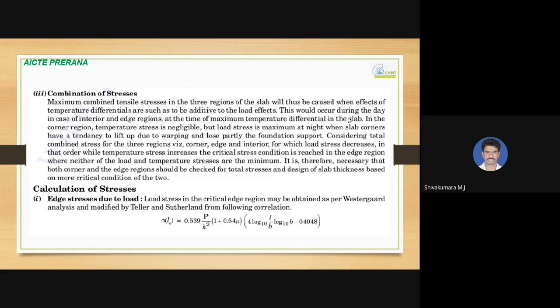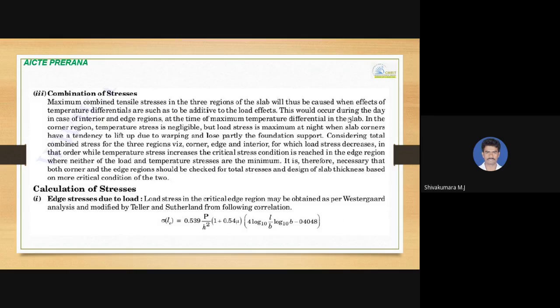And combination of stresses: the maximum combined tensile stresses in the three regions of the slab will thus be caused when the effect of temperature differentials is such as to be additive to the load effects. This would occur during the day in case of interior and edge regions.